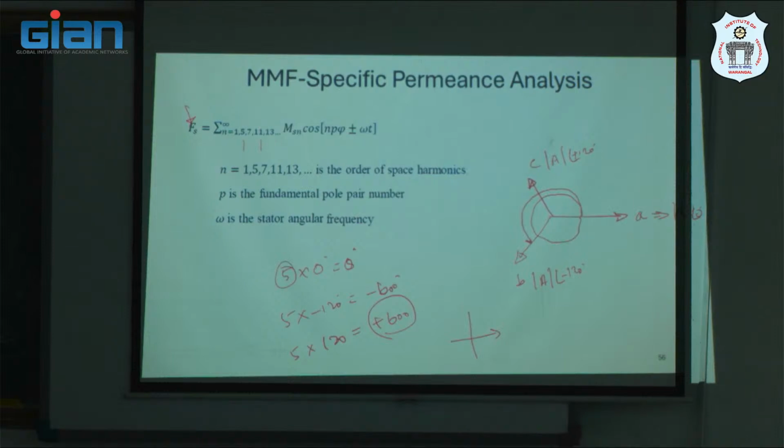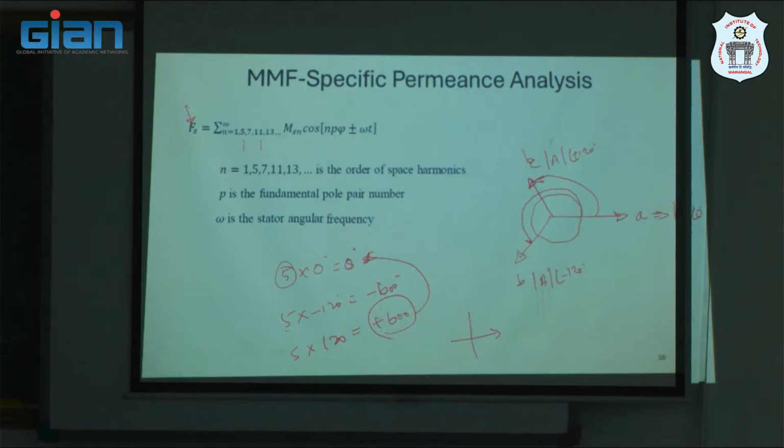So you see here the phase C component, when it comes to fifth order harmonic, would be at negative 120 degrees with respect to its reference phase. Whereas the phase B harmonic, when it comes to fifth order, would be at this orientation. So minus 600 means you have to go clockwise, right?